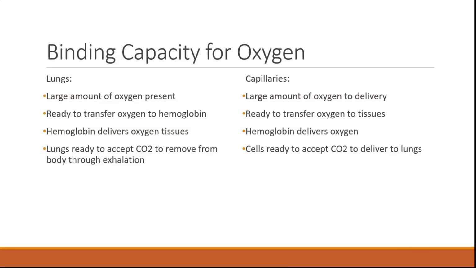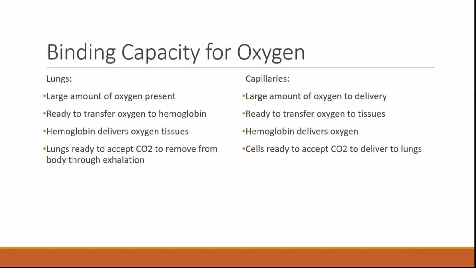And so that's different in comparison to the capillaries, in that at that level, the red blood cells are ready to deliver oxygen because they have been oxygenated. The transfer occurs to the tissues throughout the body.